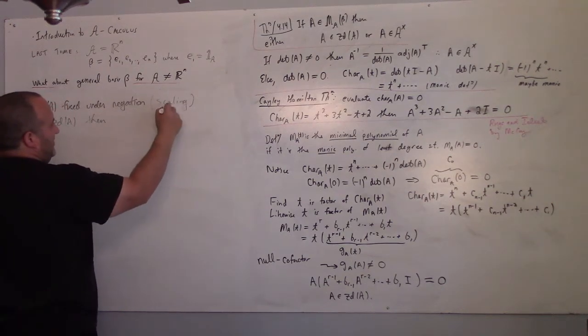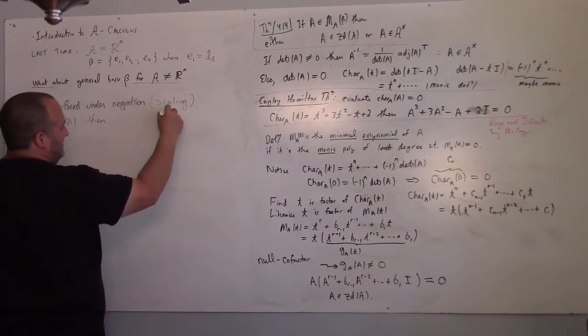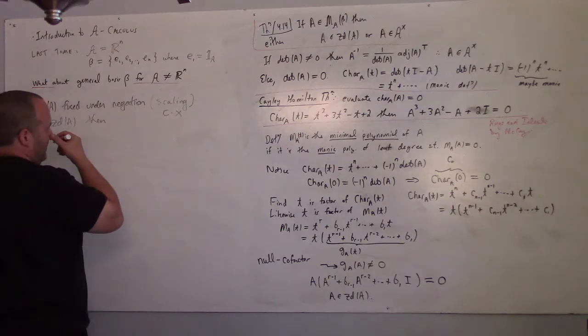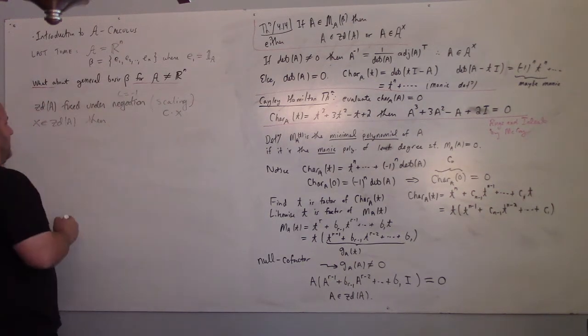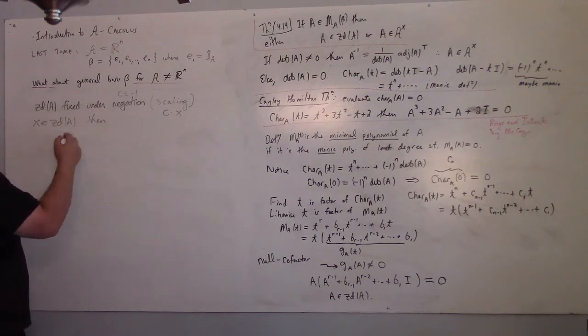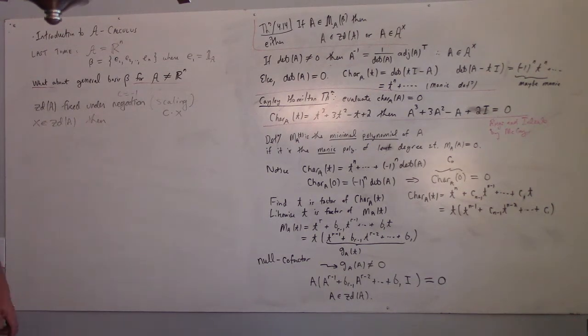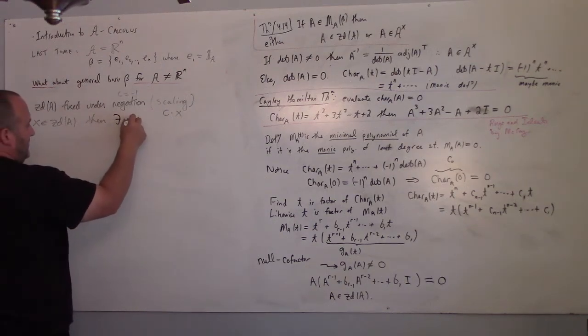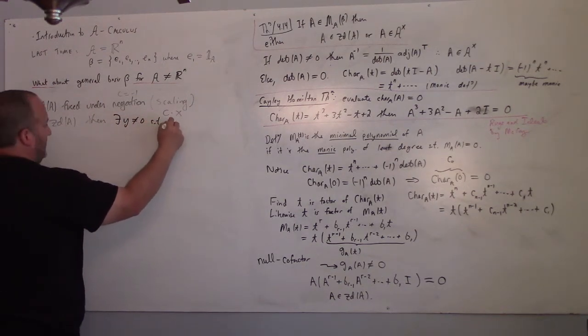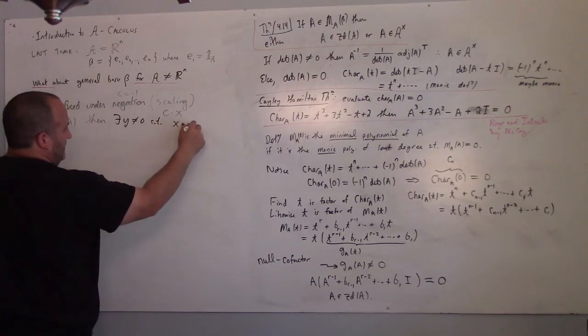So this is multiplication by c, and negation is just c equals minus 1. If x is an element of Z(A), that means there exists y not equal to 0 such that x times y equals 0, right?